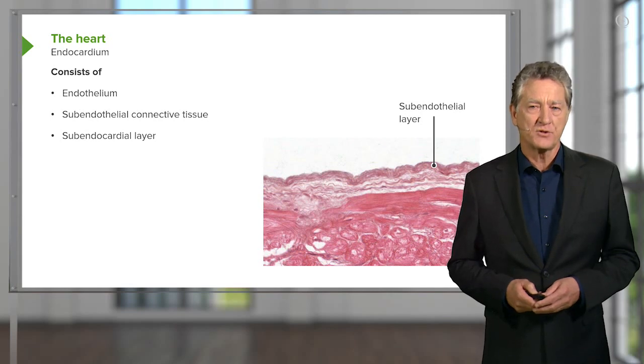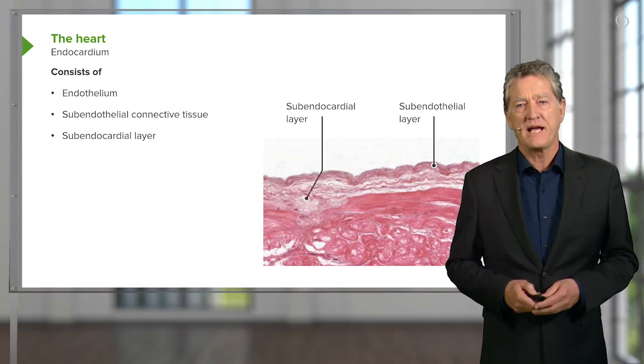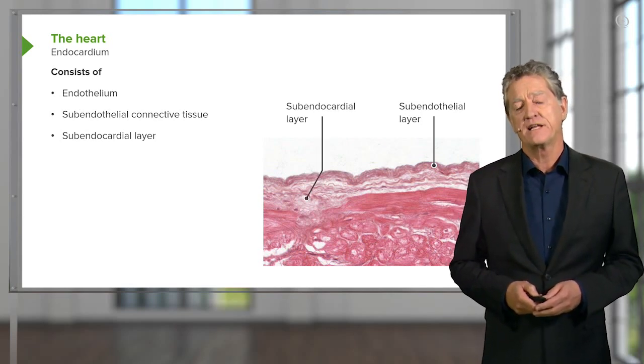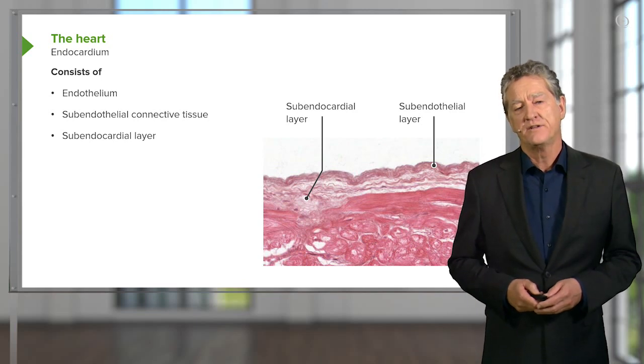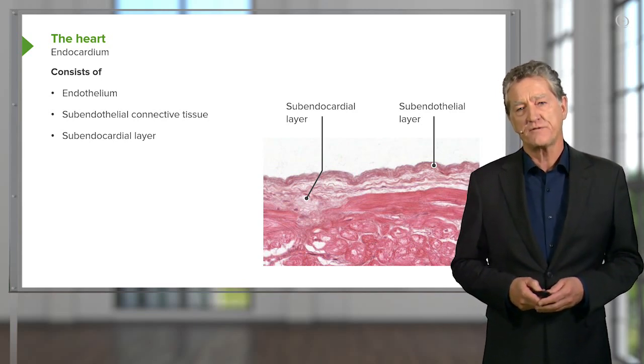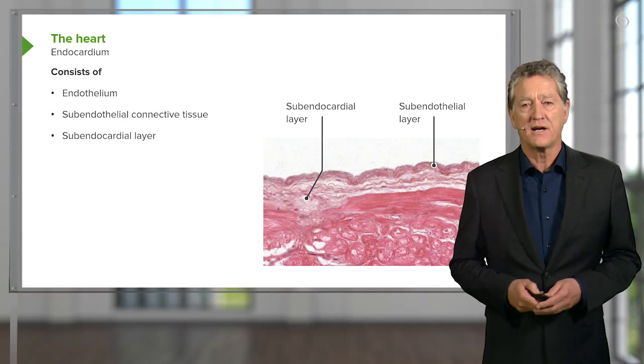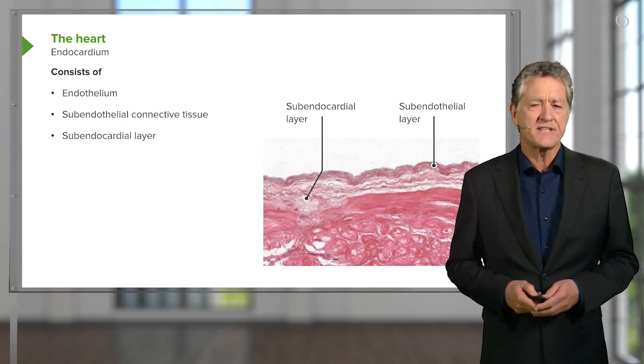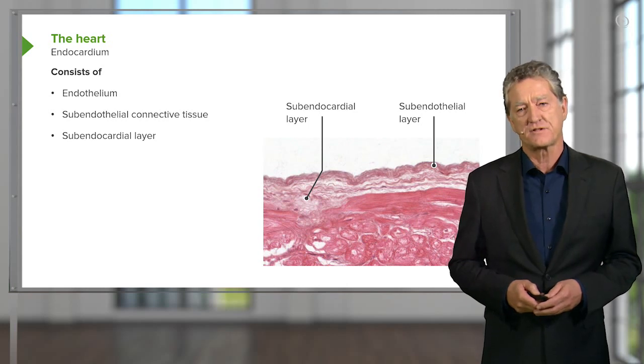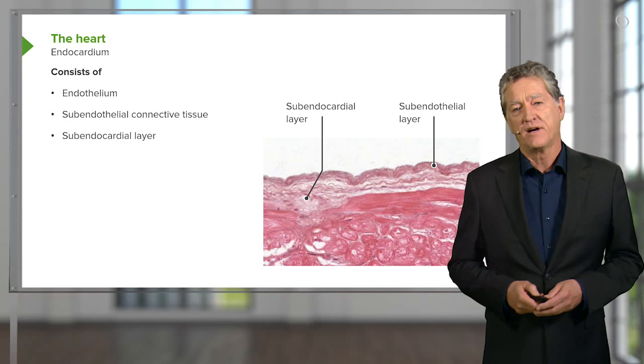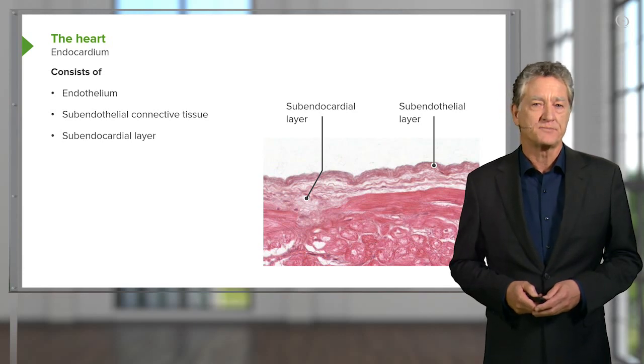And sometimes there's also a third layer, the subendocardial layer, again of connective tissue. And this separates the epithelial surface from the underlying cardiac muscle and in some way protects the delicate endothelial surface of the heart from the rather harsh, vigorous activity of the pumping cardiac muscle.